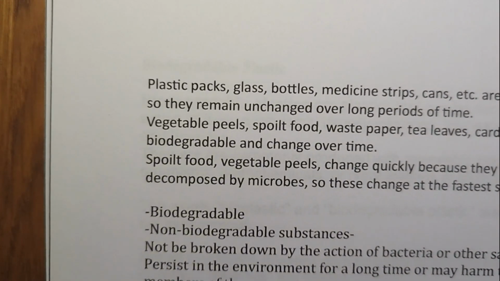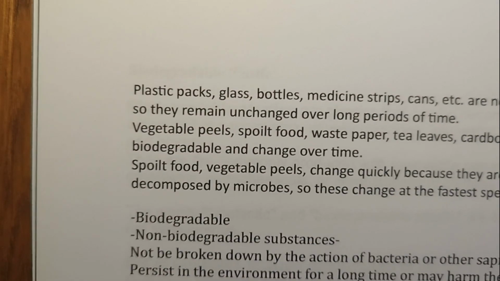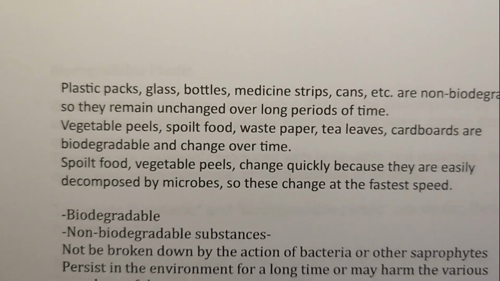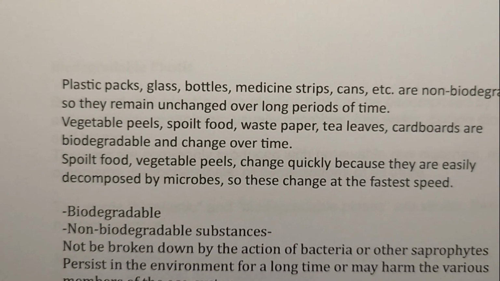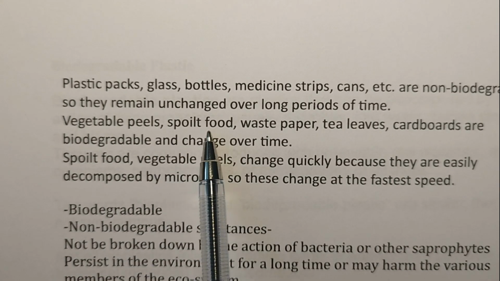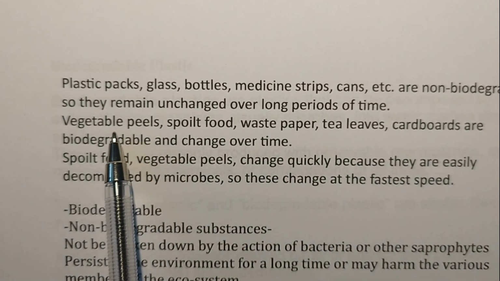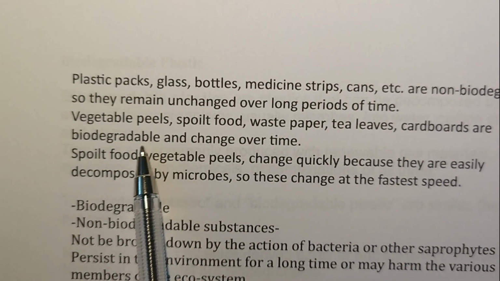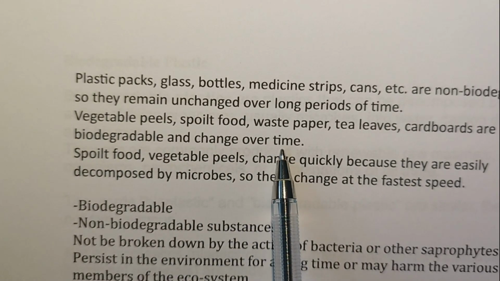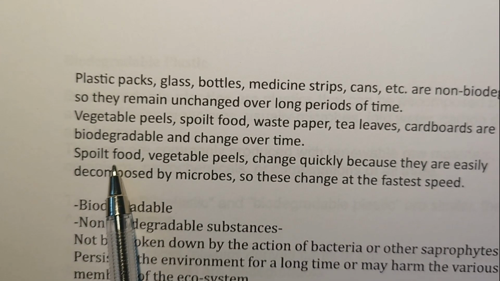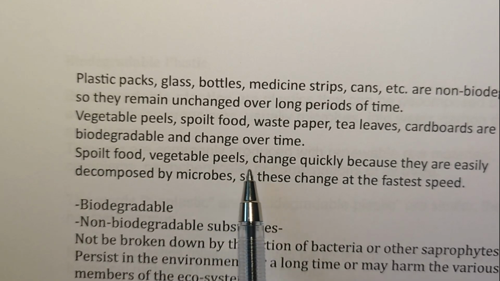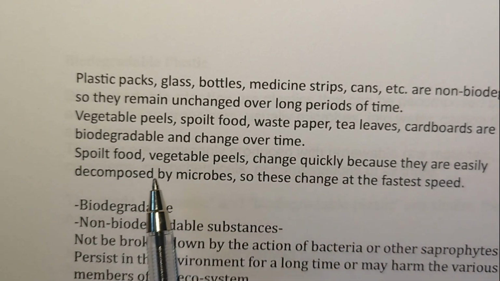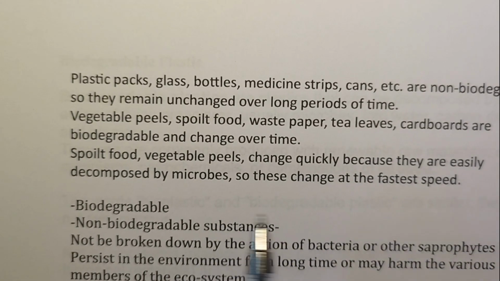The plastic packs, glass bottles, medicine strips and cans are non-biodegradable, so they remain unchanged for a long period, whereas organic matter, that is vegetable peels, spoiled food, waste paper, tea leaves and cardboard, is biodegradable and changes over time. Items like food and vegetable peels change quickly because they are decomposed easily by the microbes.